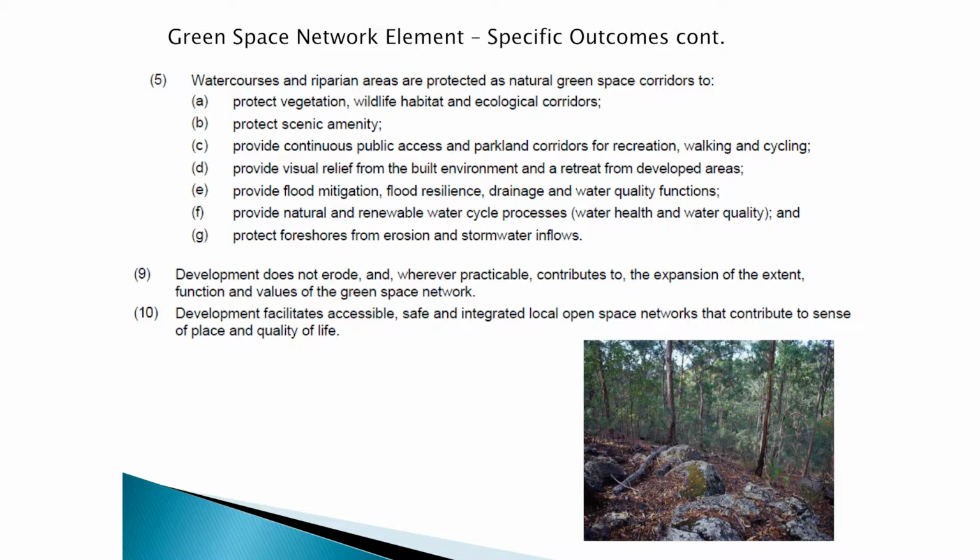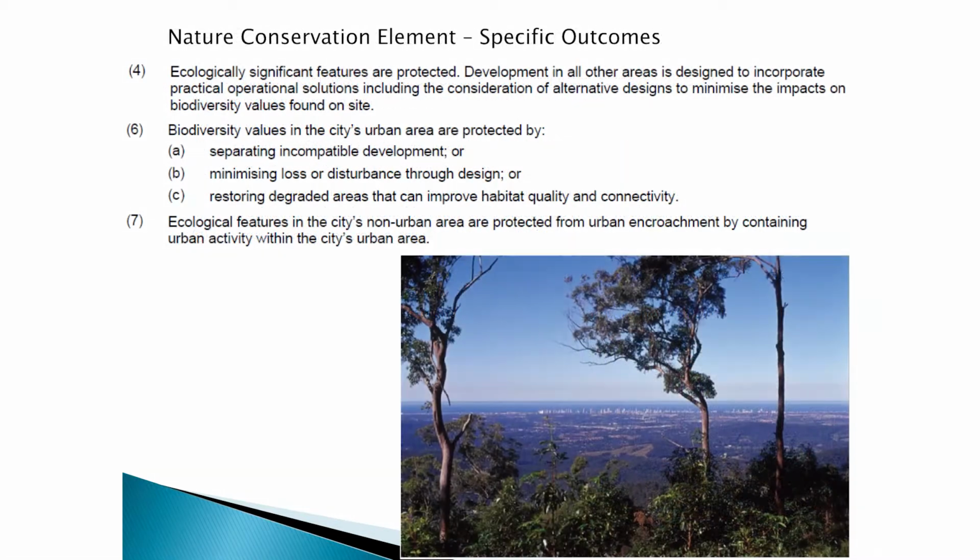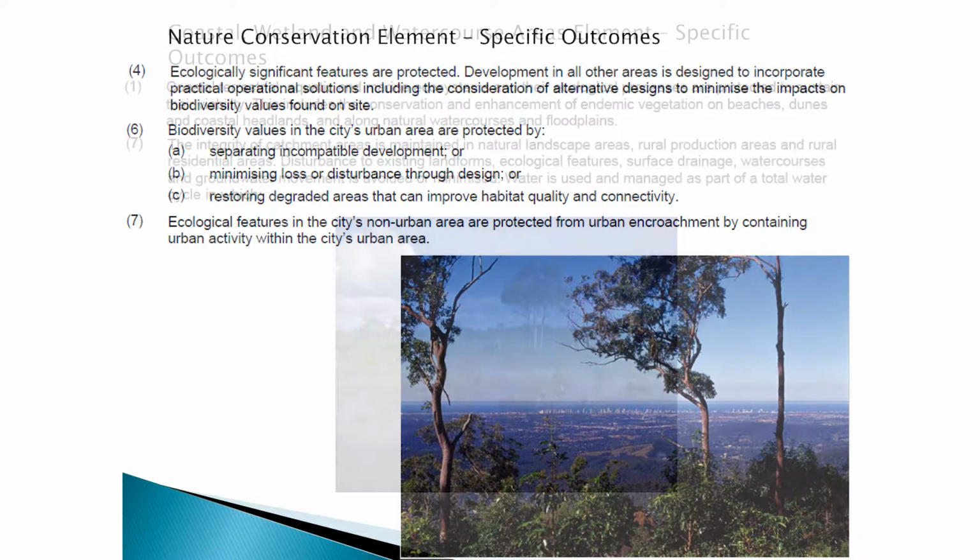We're looking at watercourses, protecting the vegetation, wildlife and ecological corridors, protecting scenic amenity and so forth. Nature conservation element. There's a common theme here. Ecological sensitive features are protected. Development in all other areas is designed to incorporate practical operational solutions, including the consideration of alternative designs to minimise the impacts on the biodiversities found on this site.